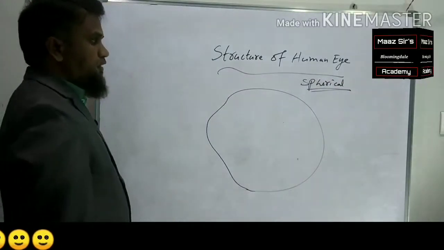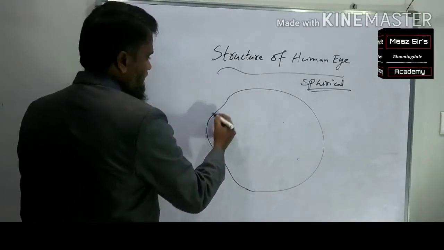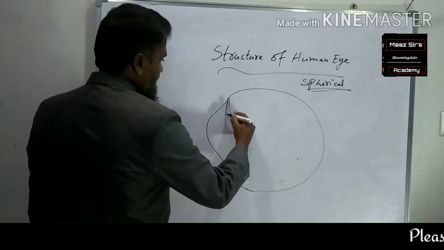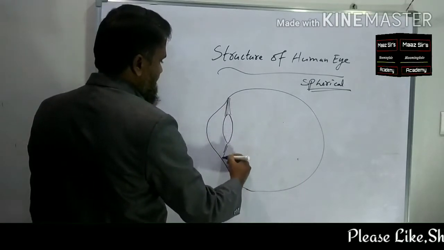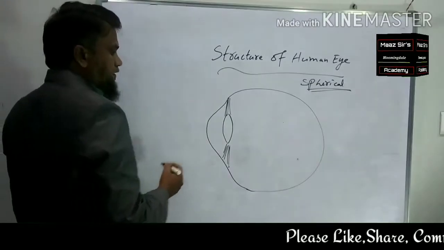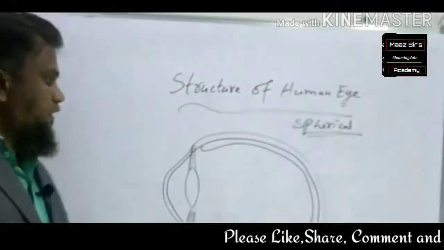Almost it has a spherical shape, but this part is curved. Apart from that, everything is almost spherical. So this is the structure of the human eye.